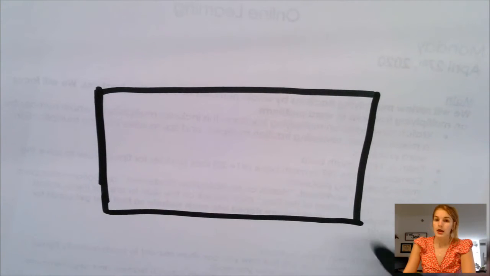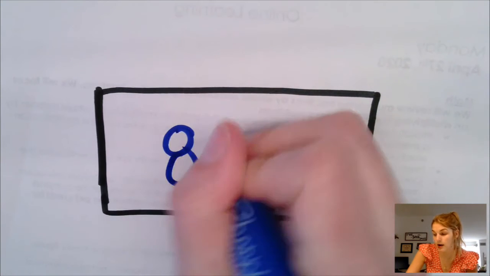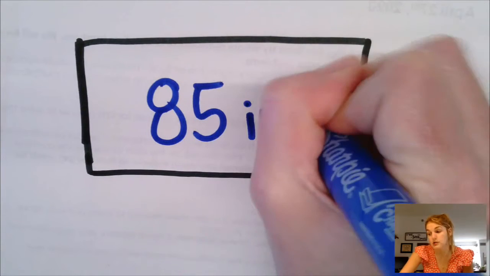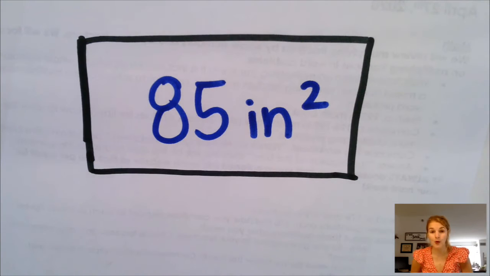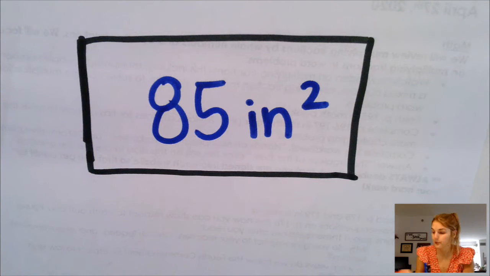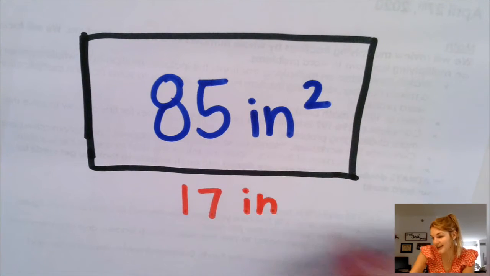Okay. And this time it tells me in our problem that our inside, our area, is going to be 85, let's say we're talking about inches squared. Now let's say that we know the length, and the length is going to be 17 inches.